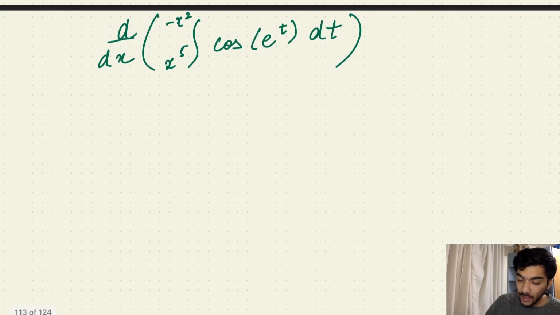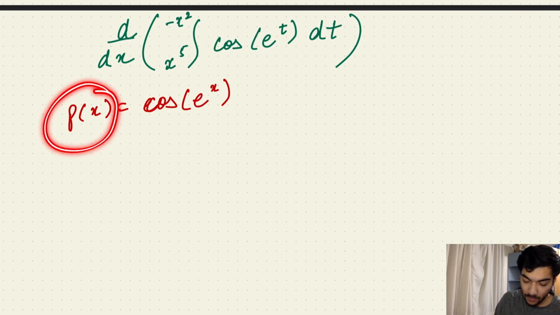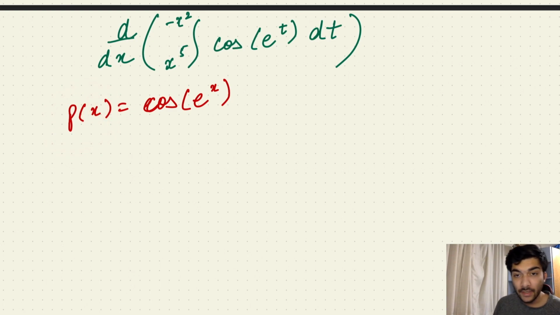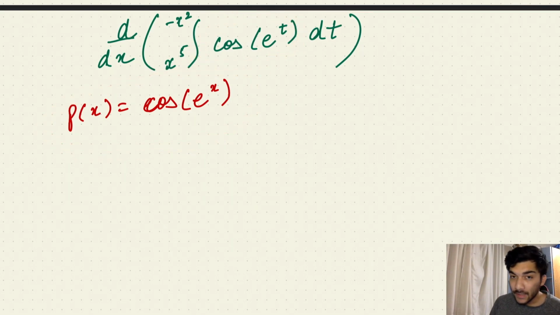So we'll start with identifying our functions. In this case, our f of x is clearly cos of e to the power x. Since our function f is represented in terms of t in the integral, we'll change every occurrence of t with x, but please notice that both of these functions are exactly the same.